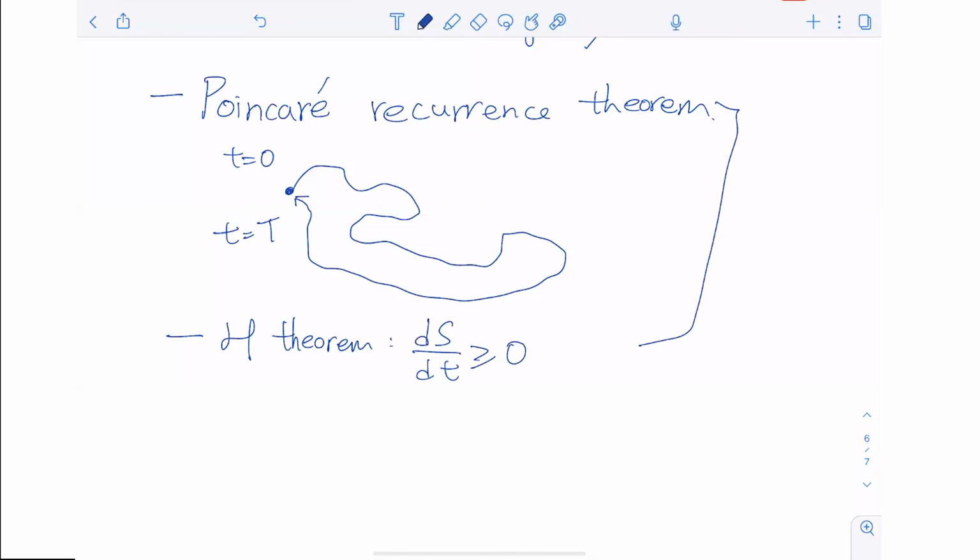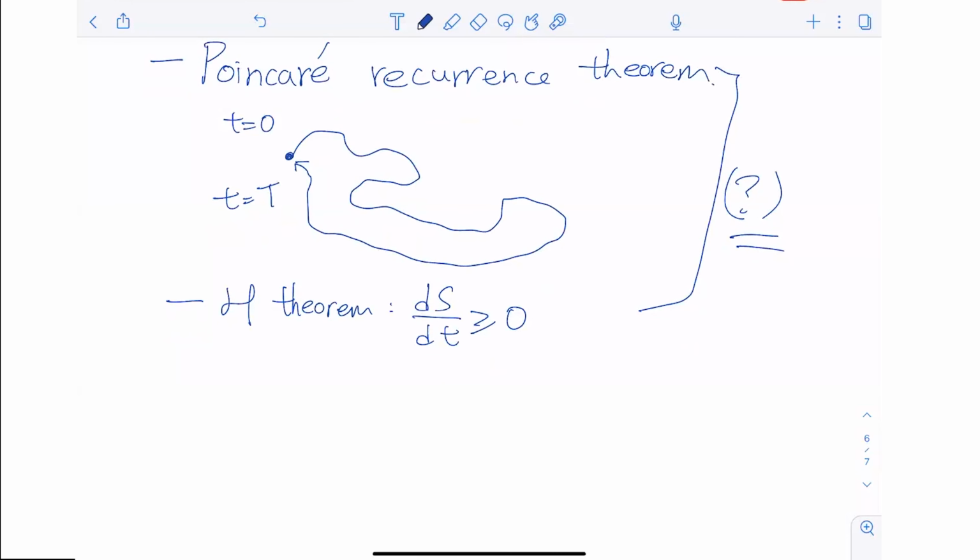The first thing you need to be careful about is that if I tell you there's a Poincare theorem, that when I wait long enough the system will get back to where it was, that means something is wrong about the H theorem, because entropy cannot increase forever if all of a sudden it comes back to its earlier value. So at some point, entropy will be decreasing. Does it make sense? That's a question mark I leave for you if you are interested to explore.